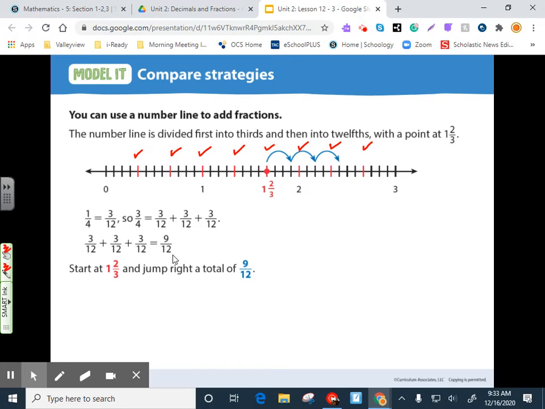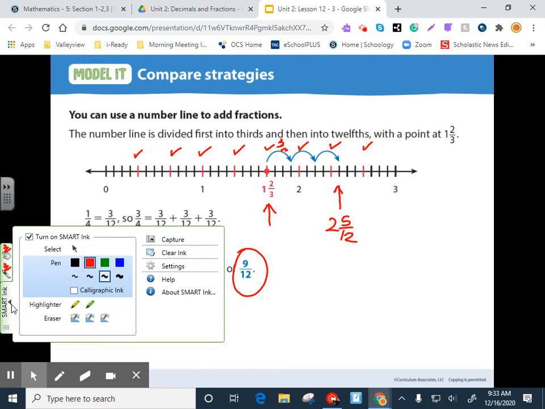And what it does, it takes our starting point, our 1 2/3, where she had mowed the backyard, and then we go up until we reach 2 and 5/12 right there. But again, not a really practical way of doing it. And again, the hops right here, that's 3/12, 3/12, and 3/12 to get our 2 and 5/12.